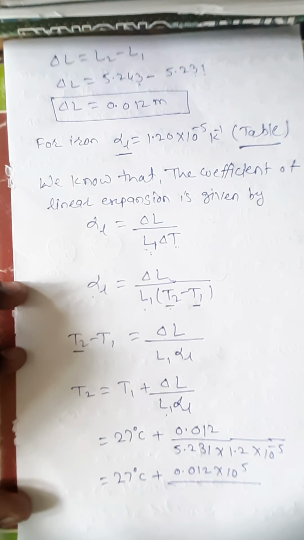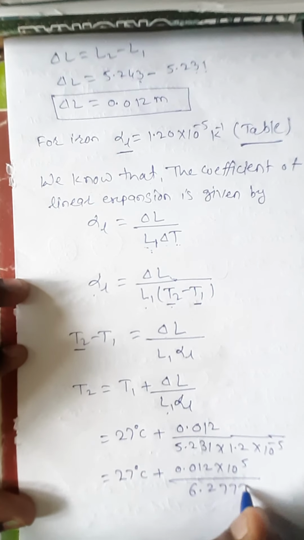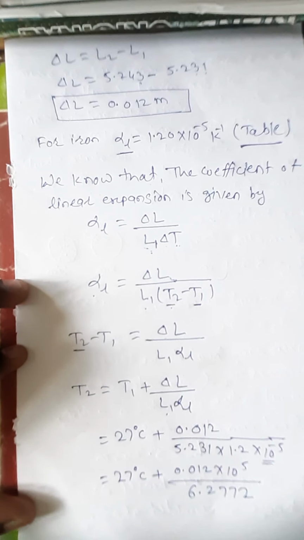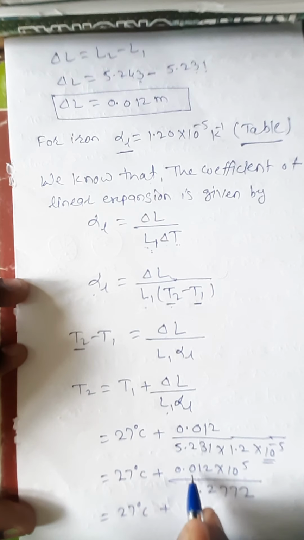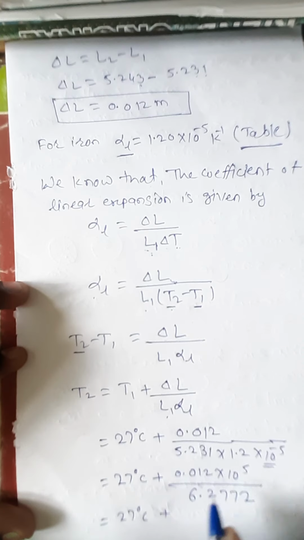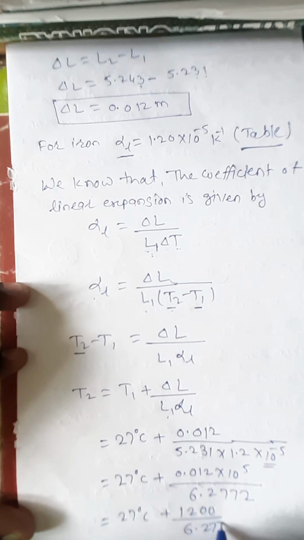5.231 into 1.2 becomes 6.2772. Then this is equal to 27 degrees Celsius plus 0.012 into 10 to the power of 5. 10 to the power of 5 means the decimal shifts 5 places to the right, so it becomes 1200 divided by 6.2772.